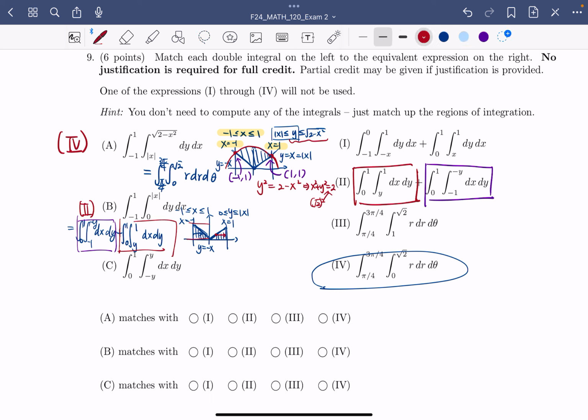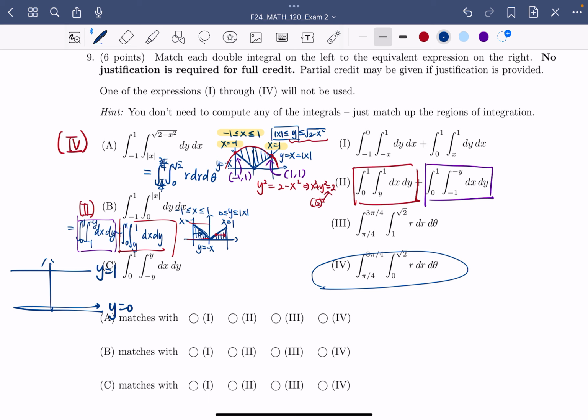Okay, forget about it. For number C, we just do something similar. So maybe I should draw the graph on the left. So y goes from 0 to 1, and x goes from minus y to y.